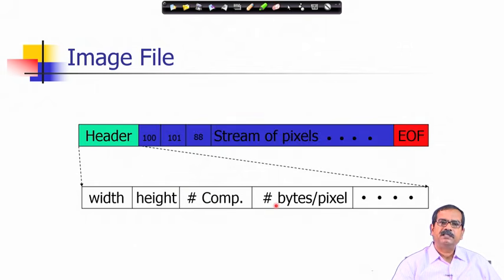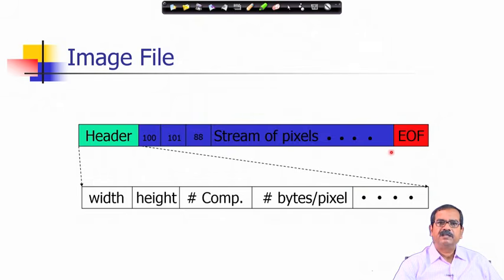As I mentioned, a pixel could be represented by a number of bytes. In a very elementary representation, usually it is 1 byte per pixel, where the unsigned integer values vary from 0 to 255 per pixel.